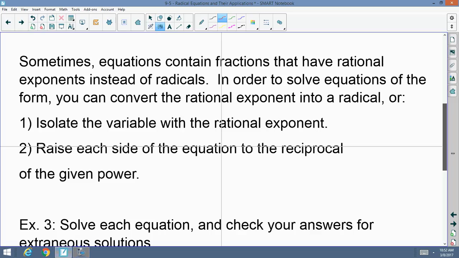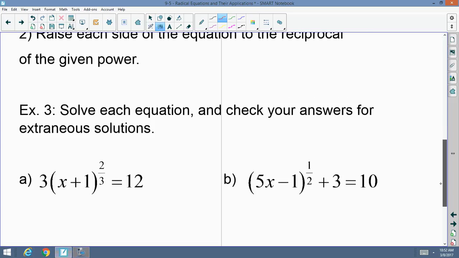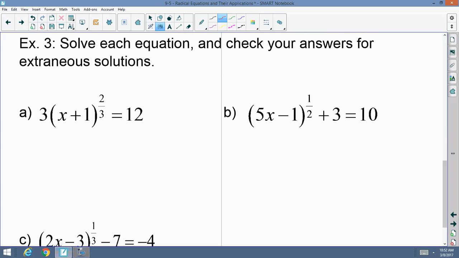So basically what I'm saying here is, sometimes I'm not going to give it to you in radical form. Sometimes I'm going to give it to you in exponential form. You could do one of two things. You can convert this into radical form if you so choose. Or you can just raise both sides of the equation to the reciprocal of the original power.